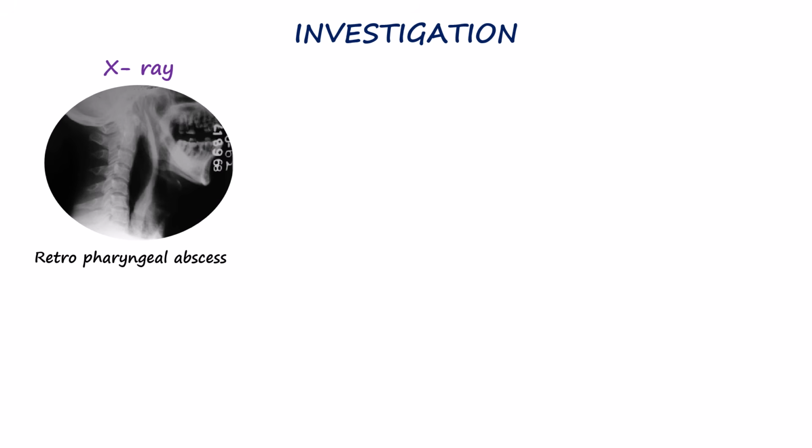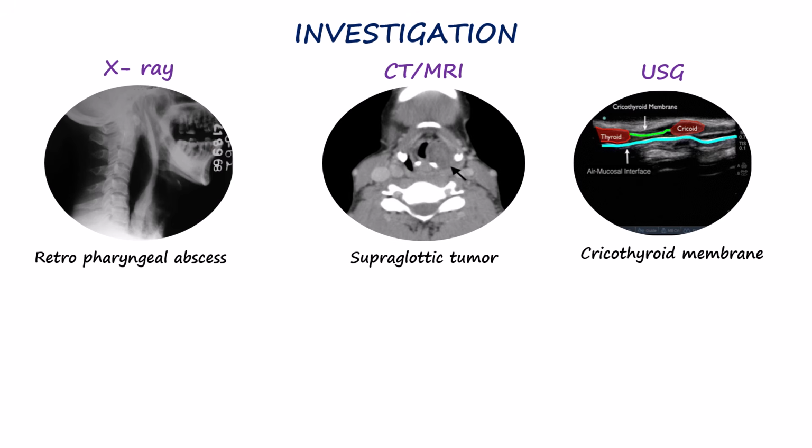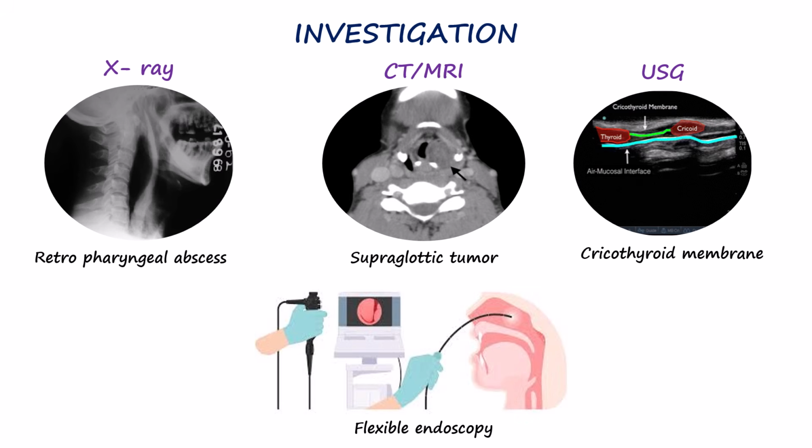Neck X-rays can show limited movement or unusual anatomy, while CT and MRI provide detailed views in cases of tumors, trauma, or congenital anomalies. Ultrasound helps assess tongue size, preepiglottic space, and locate the cricothyroid membrane, and flexible endoscopy allows direct visualization of obstructions or lesions. These investigations complement the bedside assessment and help plan airway management in difficult cases.